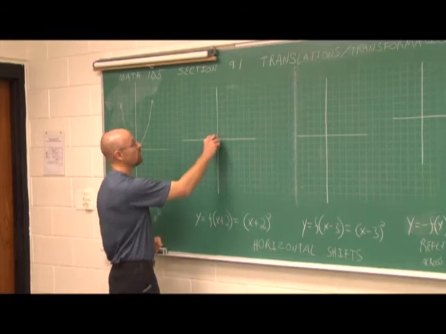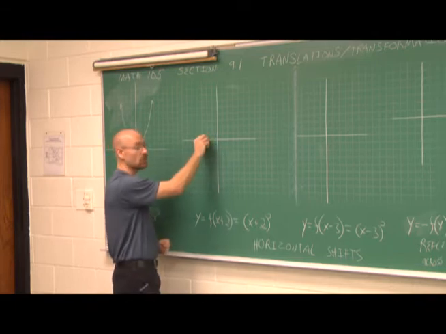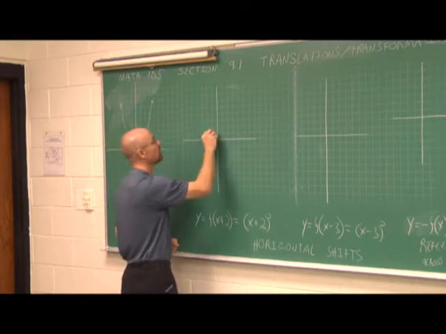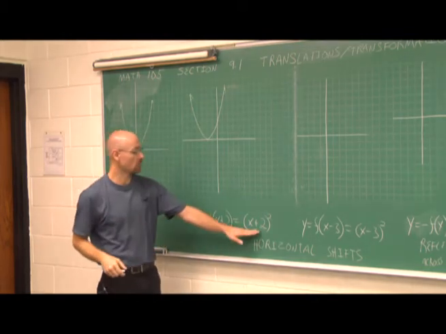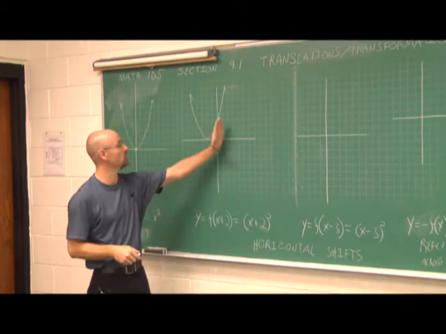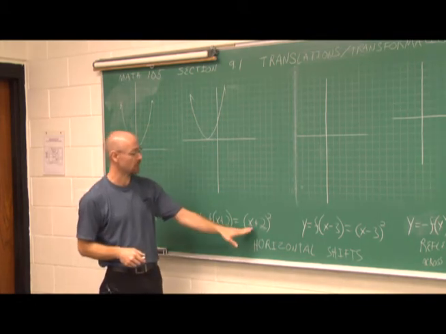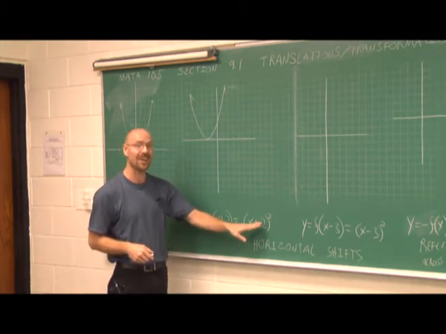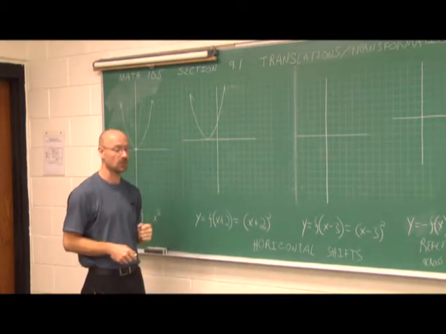So instead of graphing this at the origin, I'm actually going to move it 2 to the left, the opposite direction, negative 2. And then I'm going to graph it. So what this horizontal shift does is it moves the graph horizontally to the left 2 spots, x minus a negative 2, or x minus h. h is a negative 2, our horizontal shift.